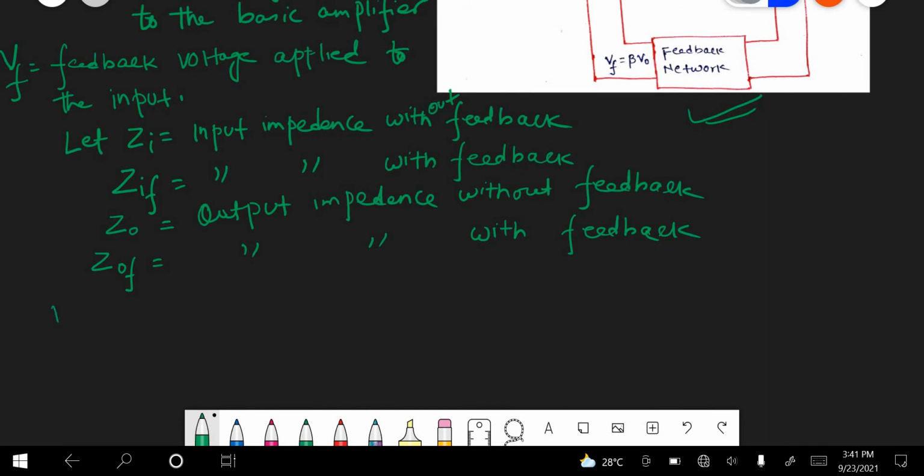Now we know that Vi, that is the input voltage applied to the basic amplifier, is equal to Vs minus Vf as from the diagram.